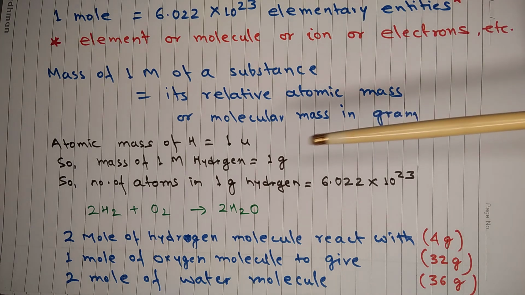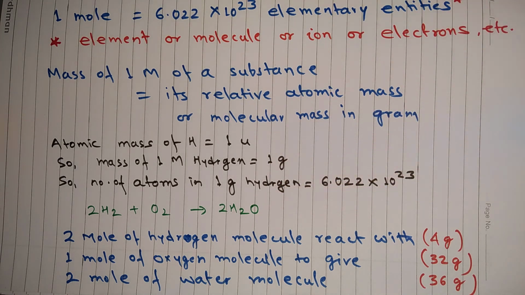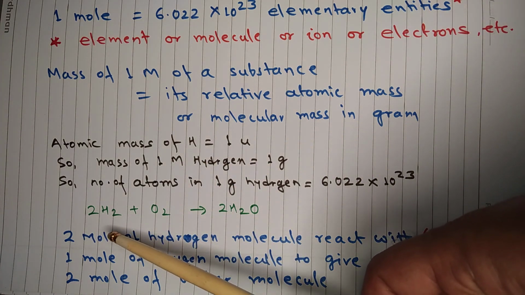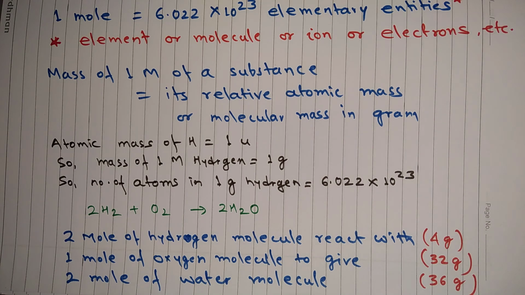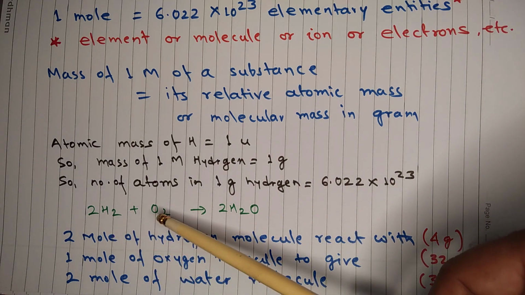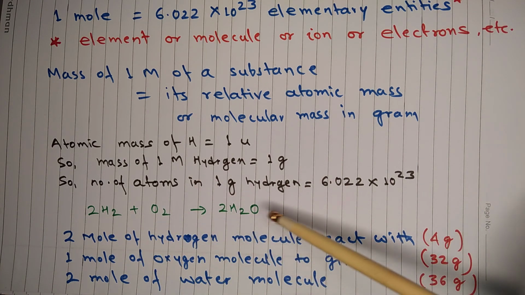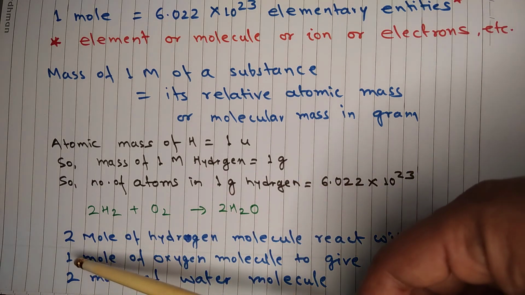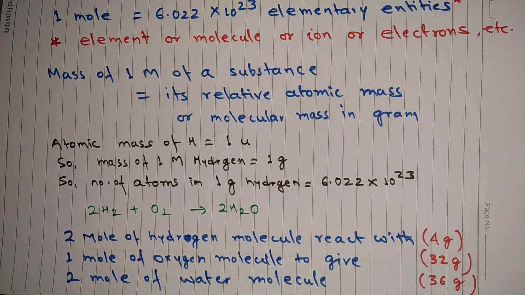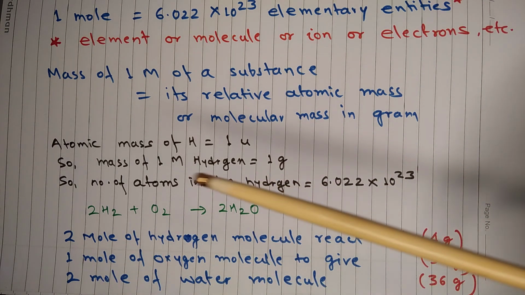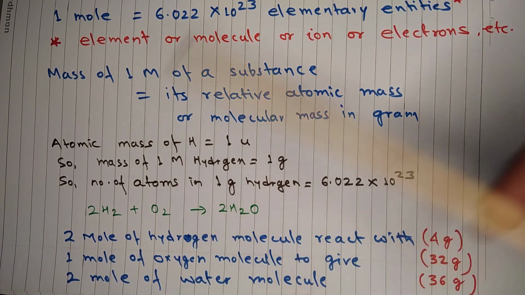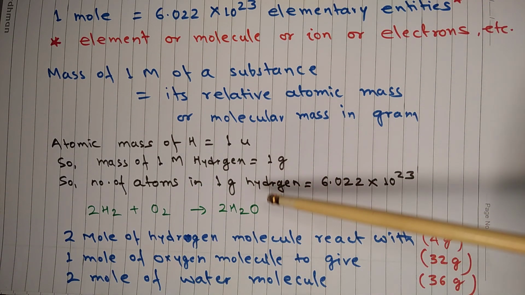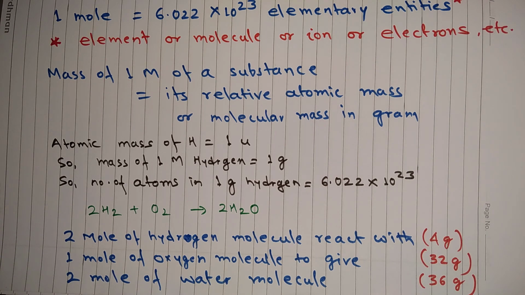Let us take the example of a reaction. So this is a reaction showing formation of water. So the equation is 2H2 plus O2 is equal to 2H2O. This is a balanced chemical equation which shows that 2 mole of hydrogen molecule react with 1 mole of oxygen molecule to give 2 mole of water molecule.